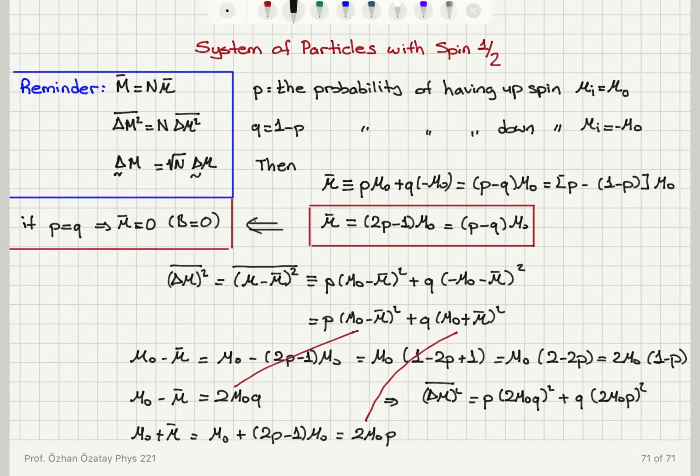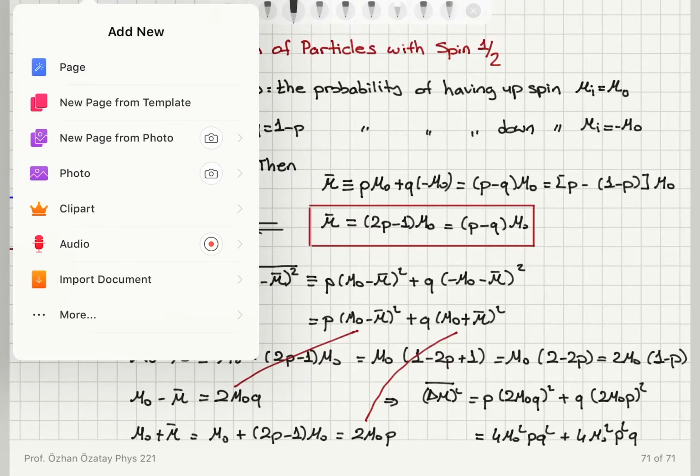So the answer will be 4 mu 0 squared p q squared plus 4 mu 0 squared p squared q. So let's continue with this.